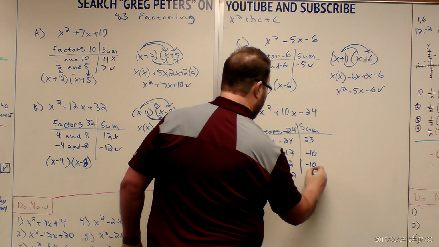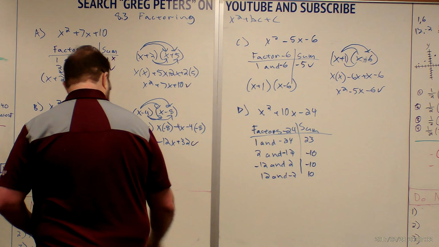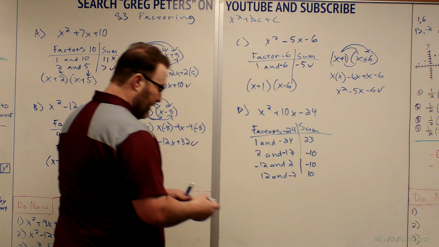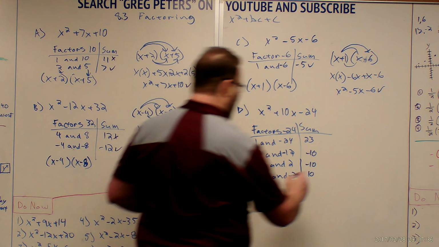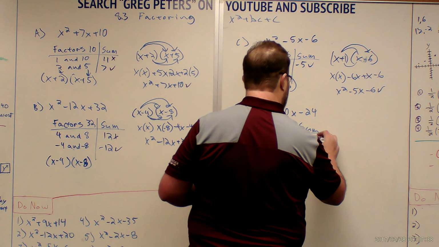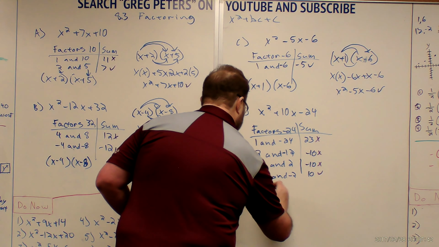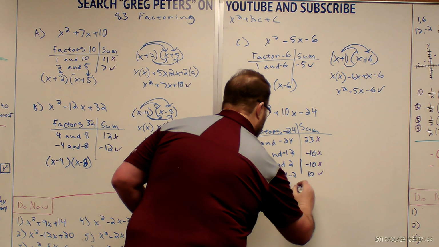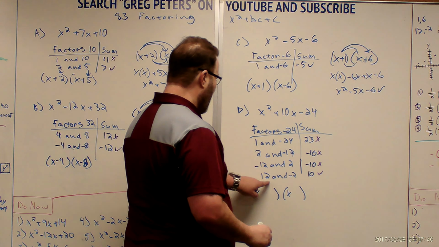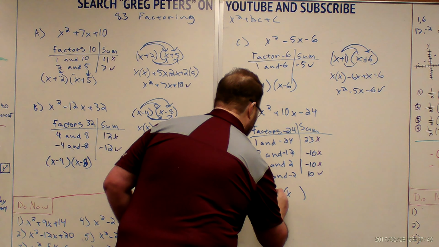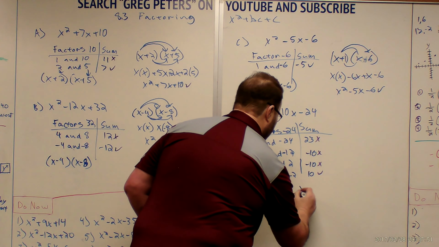There's our 10. So by doing this, this tells us what is positive and what is negative inside of our FOIL. So here, same thing, we're going to write x, and then we're going to put in what it shows. So this is going to be plus 12, and then this one's going to be minus 2.